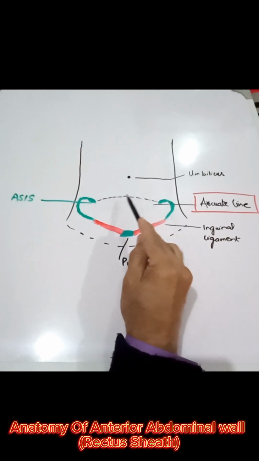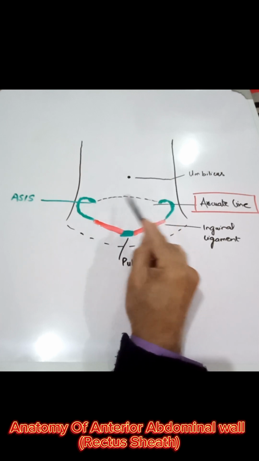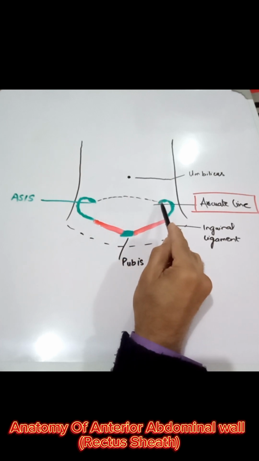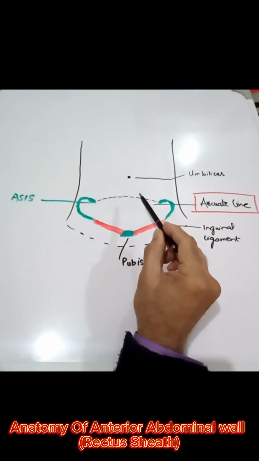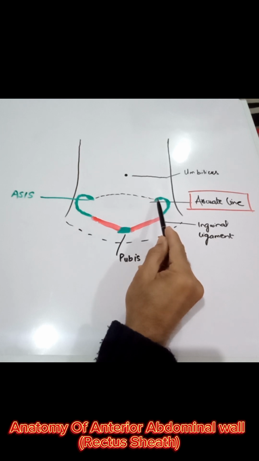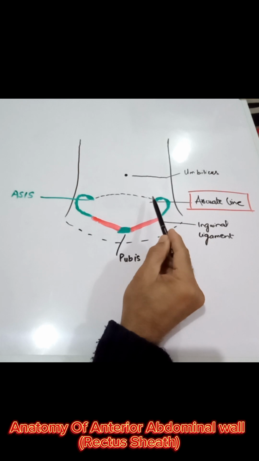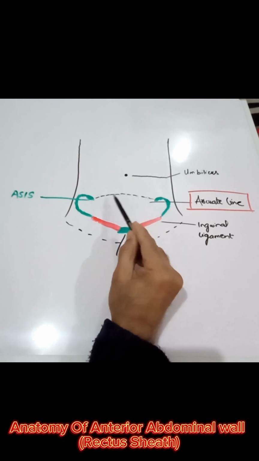Roughly, it is a curving line, roughly at the level of anterior superior iliac spine. But it is very important that its position may vary from person to person.